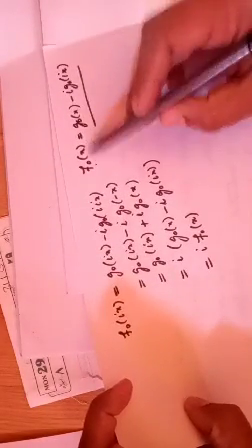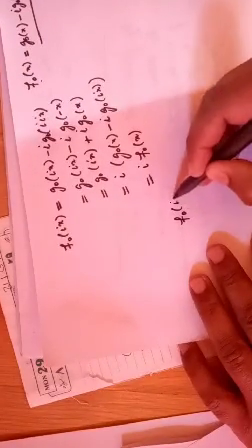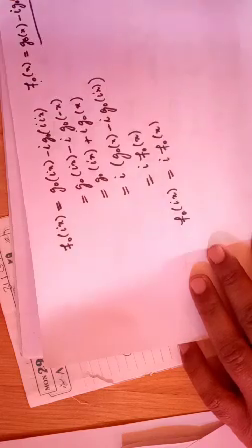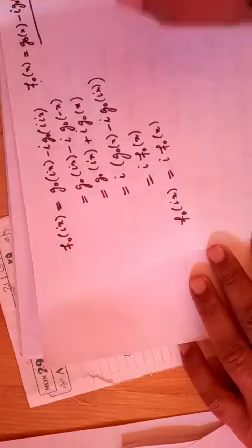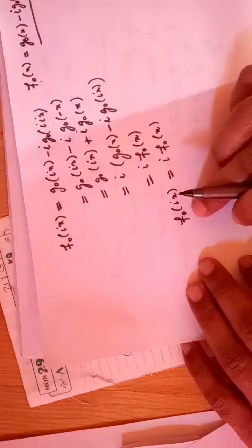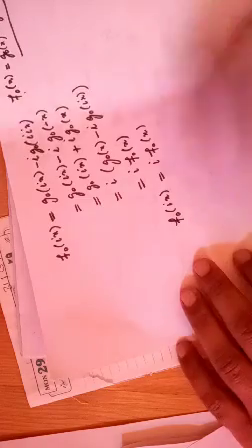Which is nothing but iota into f naught of x. Look at the definition of f naught of x. f naught of x is g naught of x minus iota times g naught of iota x. So this simple calculation shows us that f naught of iota x is equal to iota times f naught of x, right? Now we are basically done, because it is already linear with respect to the set of real numbers, and you can also take the real iota out.